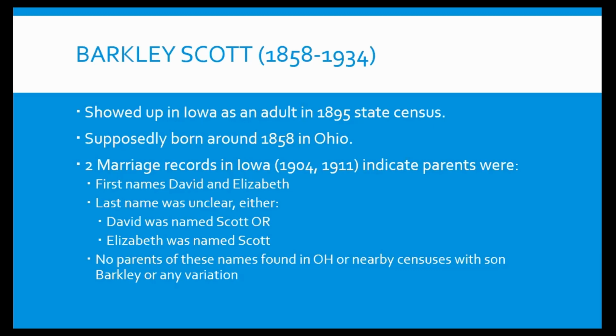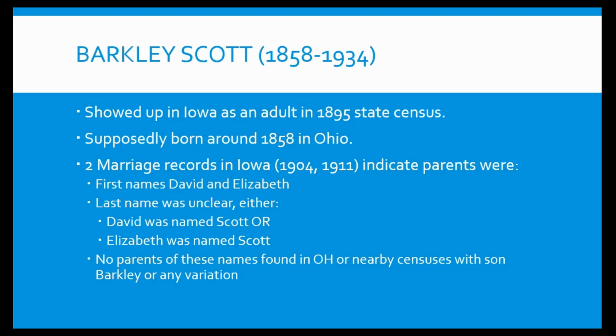In one of the marriage records, it said that David was named Scott. And in the other marriage record, it said Elizabeth was named Scott. So is Elizabeth's maiden name Scott, or is the father actually David Scott? A little bit unclear.